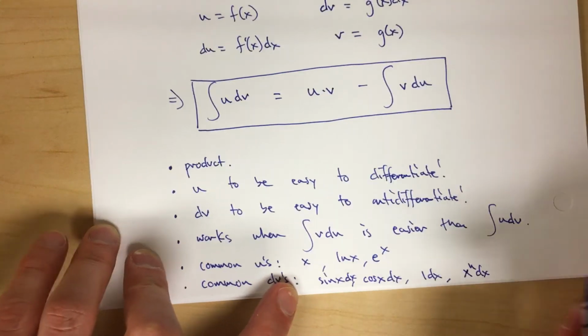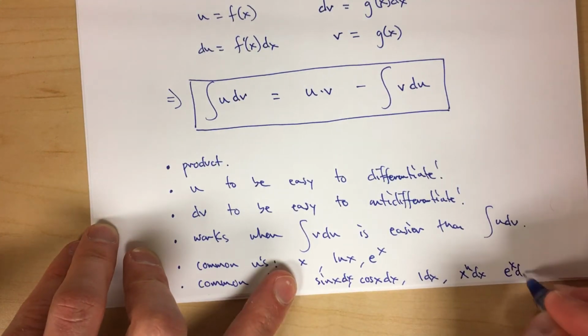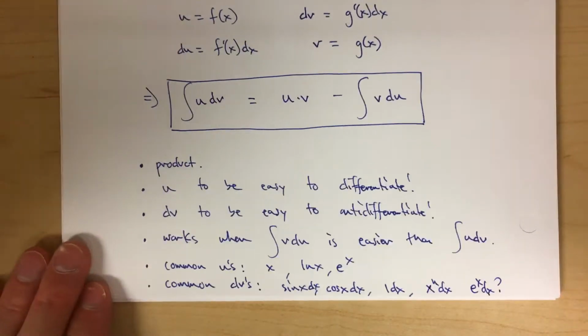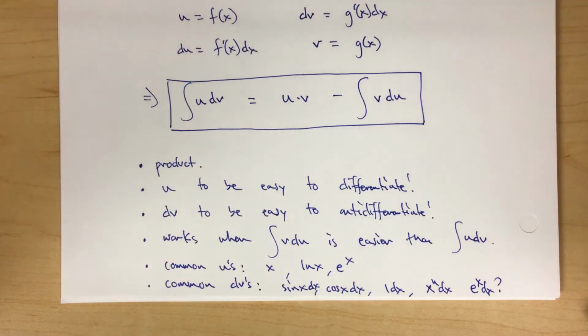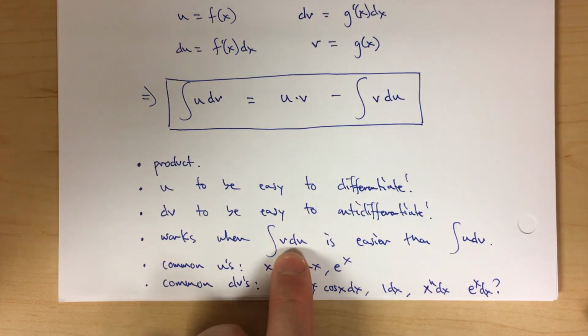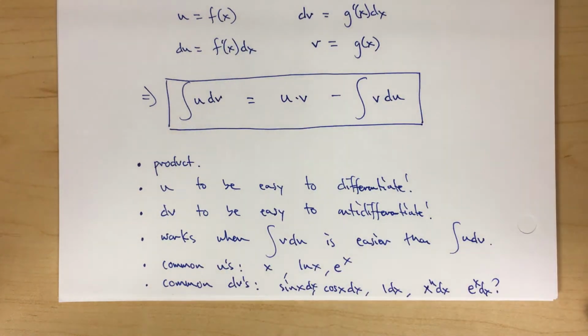And these are somewhat loose rules, right? It could be e to the x dx. You kind of have to just play with it and figure out what's going on. But we know we're looking for a product. We know u needs to be easy to differentiate, dv needs to be easy to antidifferentiate, and it works when the antiderivative of v du is easier than u dv.